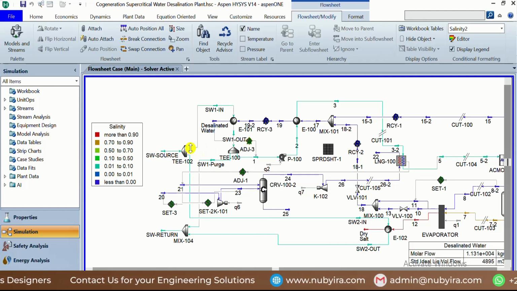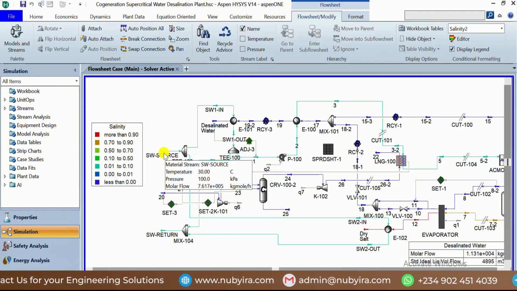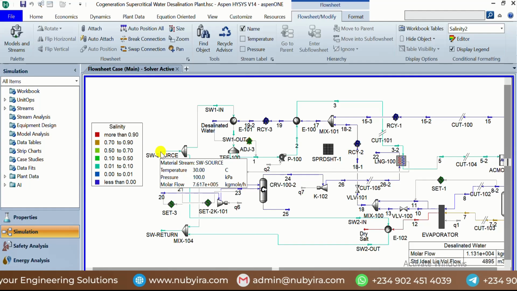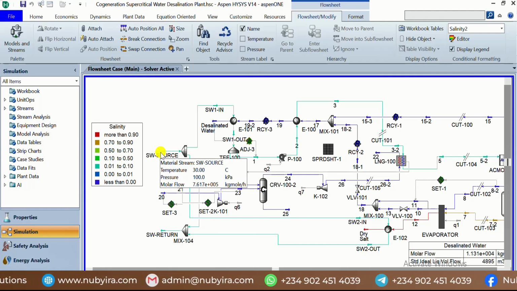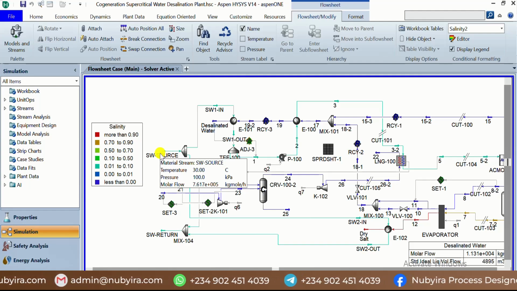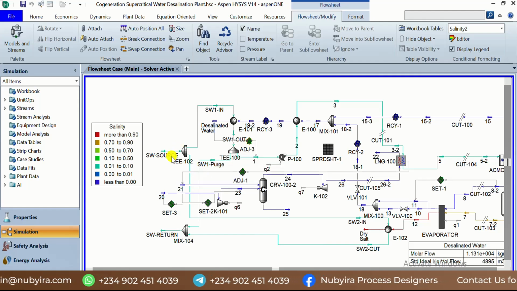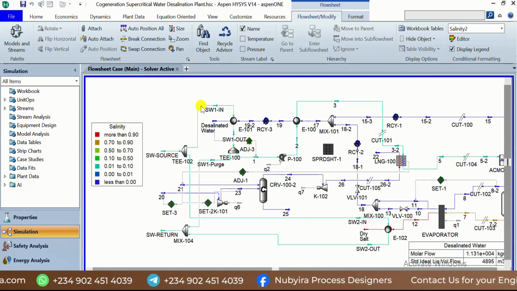So the plant basically sources water from the seawater. This can be from the sea, maybe from a bank, or a very large pipeline from the sea that pumps water to the plant. This kind of plant is located at the shore. You understand? Then the seawater is divided into two.